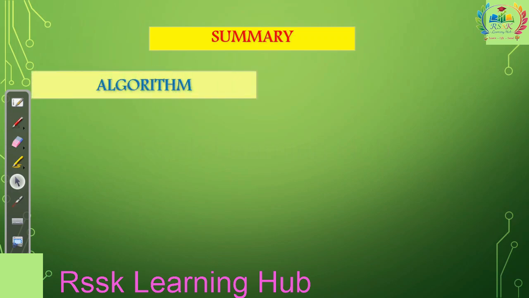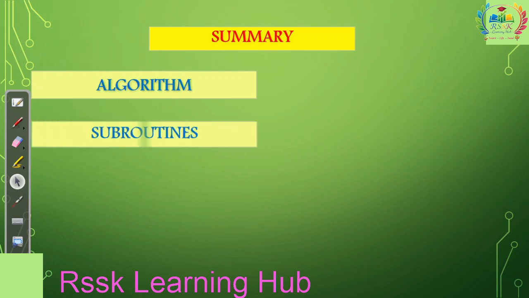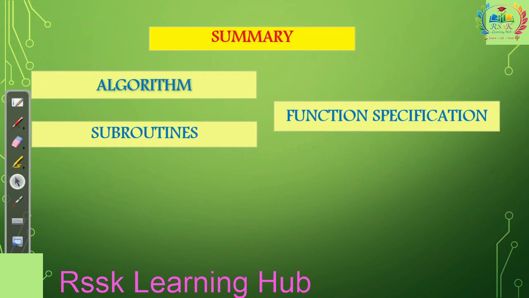What is algorithm? Algorithm is a step-by-step process. Okay. Then what is subroutine? It's a basic building block of your computer program, and it is a smaller section of code used to perform a particular task repeatedly.